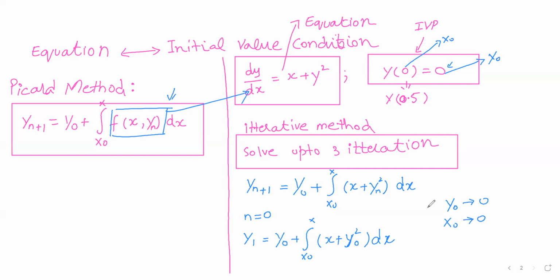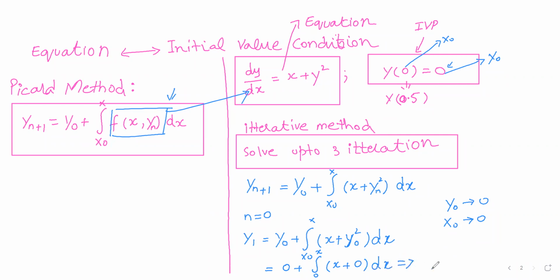So we will put the corresponding values in here: 0 plus the integral from x naught equal to 0 to x of x plus y naught, where y naught is equal to 0, dx.